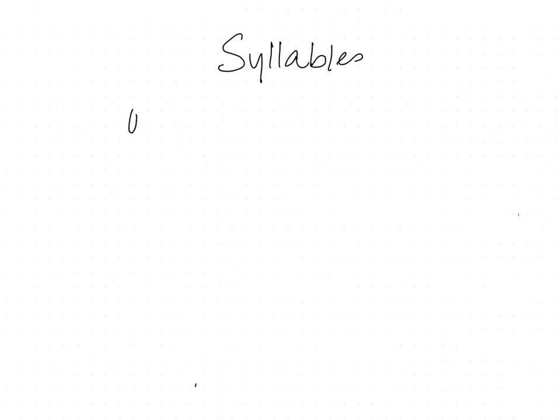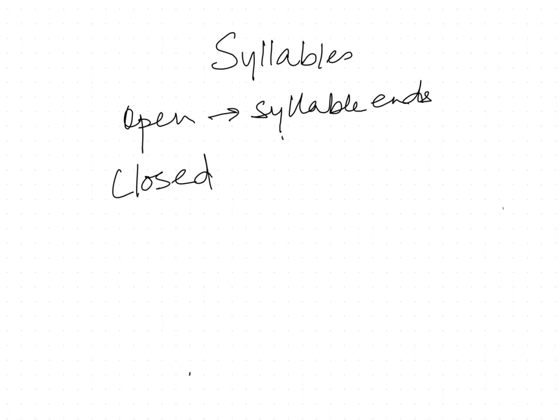Now, Hebrew classifies syllables as either opened or closed. Syllables are either opened or closed. So an open syllable is a syllable that ends with a vowel.